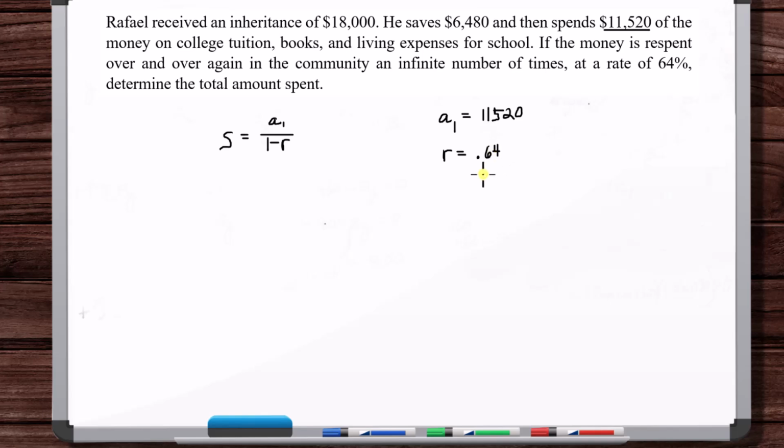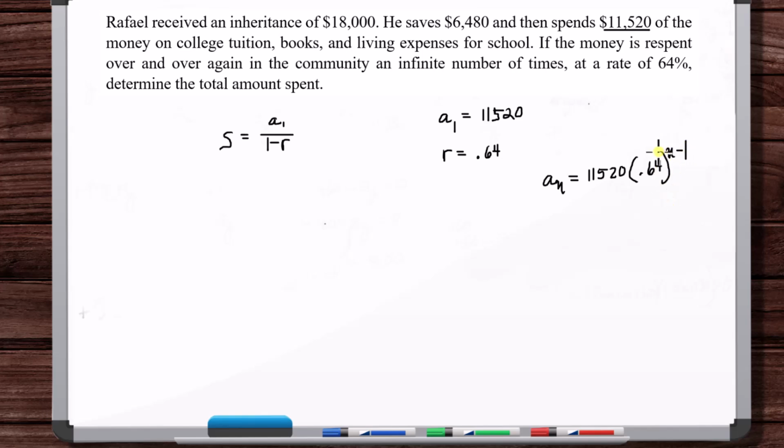You see, because 64% is spent by the community, then 64% of what was spent just before. So you could write out this sequence formula: 11,520 times 0.64 to the n minus 1.